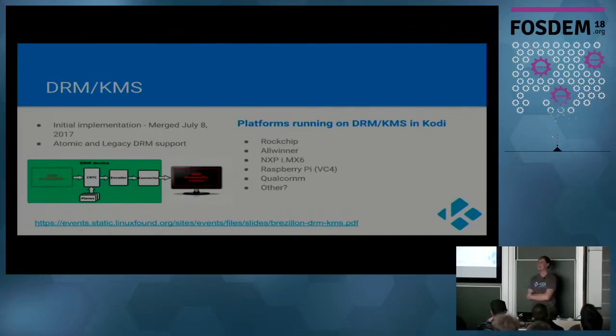So I went home and looked into it and wrote the DRM framework for Kodi, and that's where we are. If you have more interest in learning about it in general, there's tons of stuff out there. This linked presentation by Boris Brezillon is really fantastic. That's where this photo is from as well.